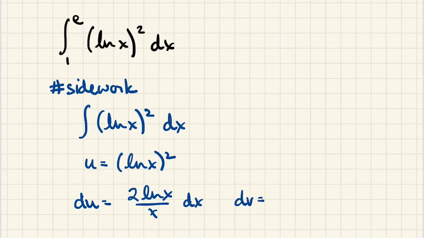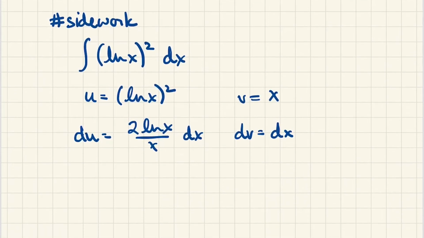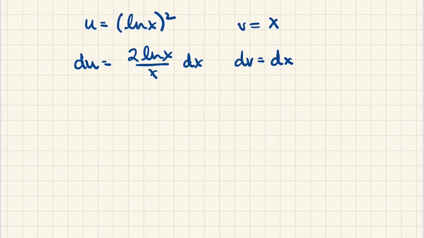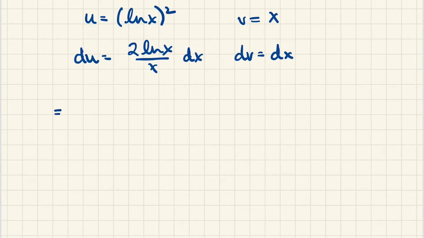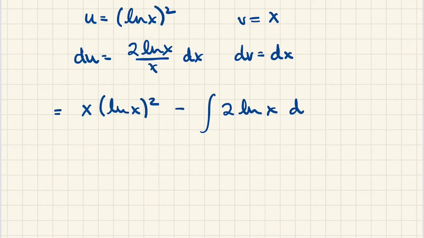And dv is dx, so v is equal to x. So applying the ultraviolet voodoo here, we have x times ln of x quantity squared minus the integral of v du, so the x's cancel, and we actually just get 2 ln x dx.